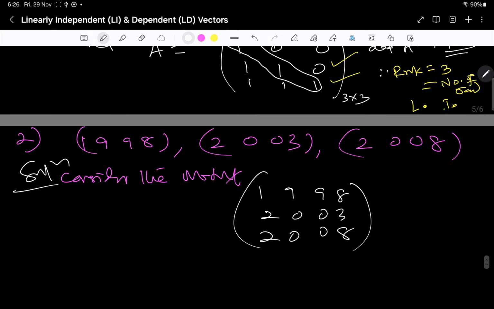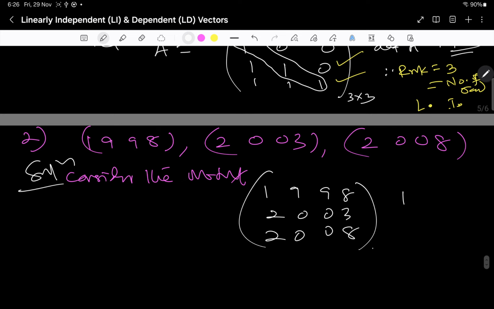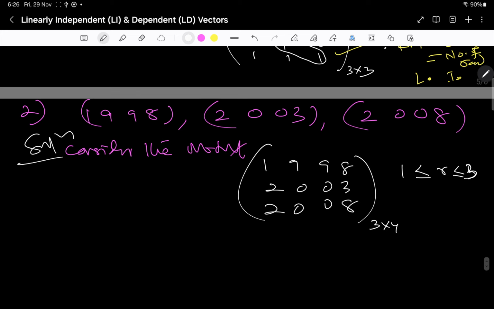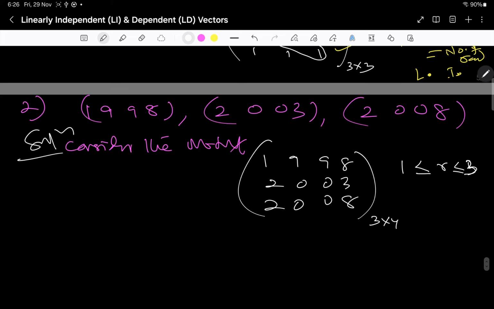These are the vectors given to you. We have to find the rank again, so I consider the matrix with these rows. The order is 3 cross 4, so the rank is minimum 1 and maximum 3 here. But we have to check for different square submatrices. So I adopt the Gauss elimination technique to find the rank.